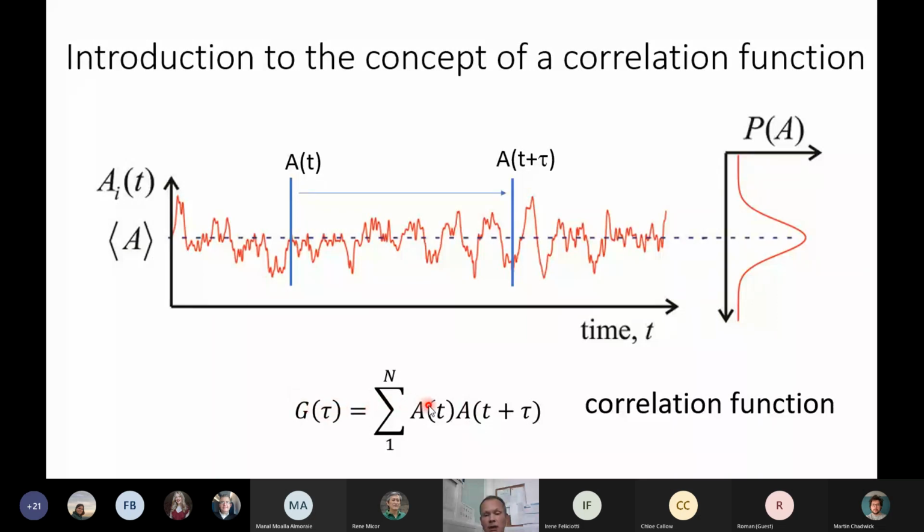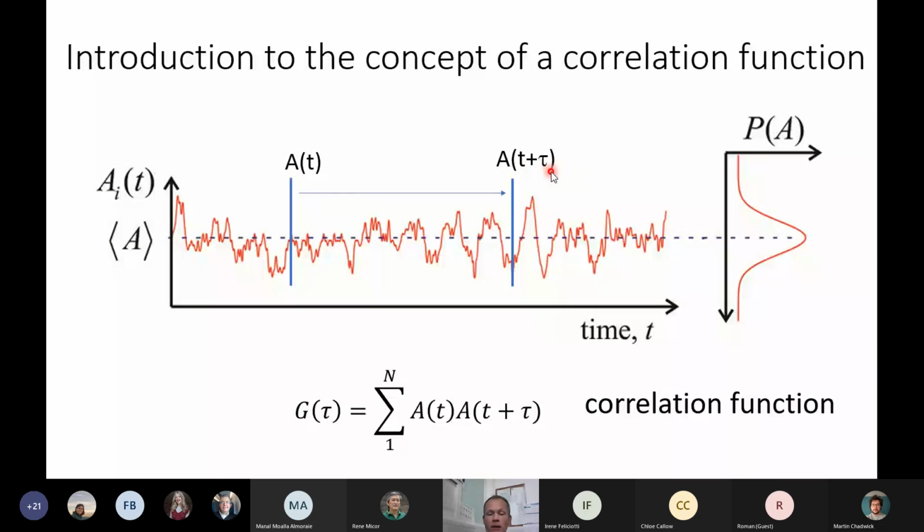If we sum these products of the value of function A at time t with the value of function A at time t plus tau, we can calculate how the values of A correlate with each other at a time distance of tau, right?